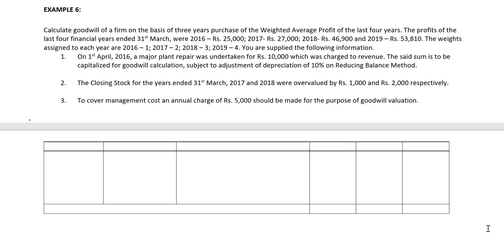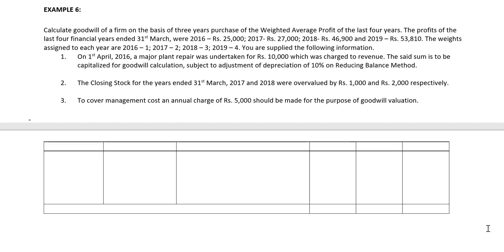The second point, the closing stock for the years ended 31st March 2017 and 2018 were overvalued by rupees 1,000 and rupees 2,000 respectively. And finally, to cover management cost, an annual charge of rupees 5,000 should be made for the purpose of goodwill valuation.